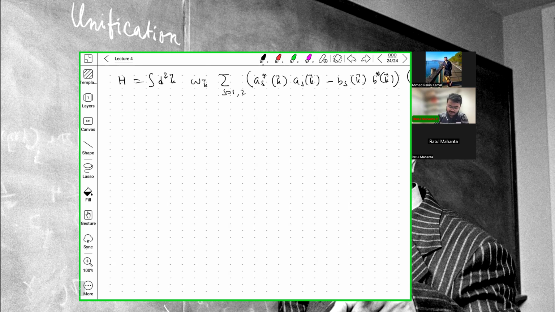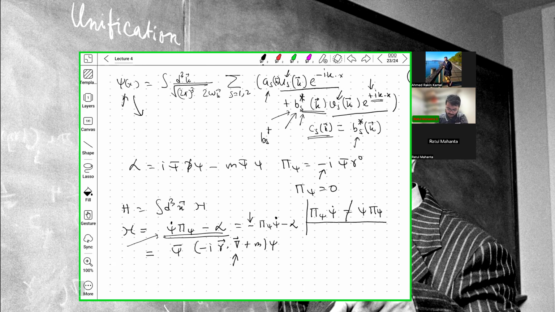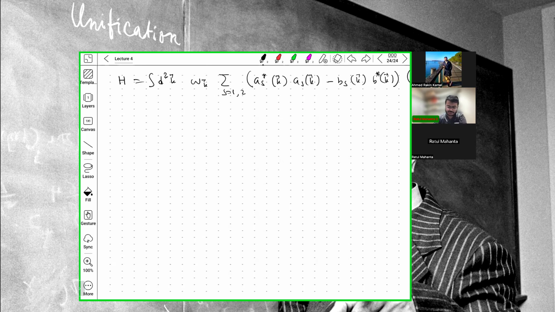You have to do the x integral. So you mode expand, plug in what is psi and psi bar, and then you do the x integral. The k integral will be outside, and you can do this using the representation of gamma matrices and delta functions, x1 minus x2.